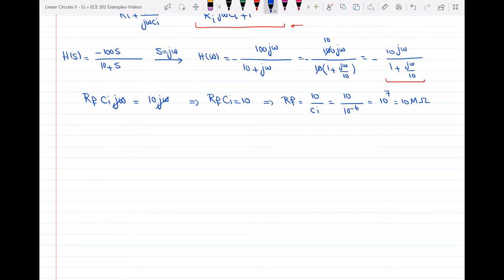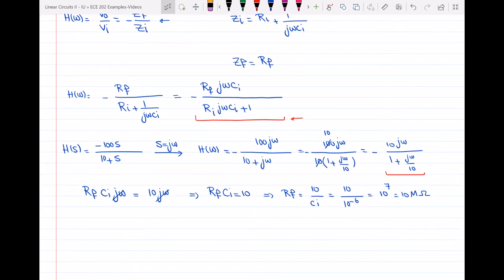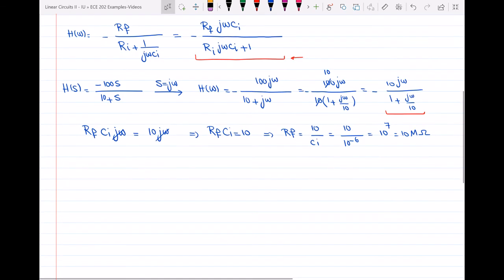Now the only element that I don't have is RI, and I can find that by comparing the denominators. So the denominator of H of omega over here is RI CI j omega plus 1, which is equal to this denominator, 1 plus j omega over 10. Then these two ones will be cancelled, and the j omegas will be cancelled as well.